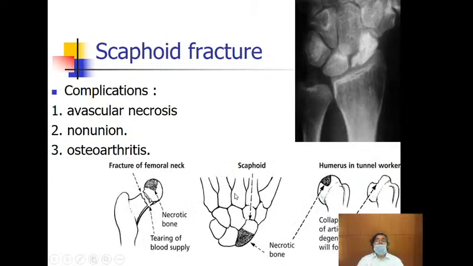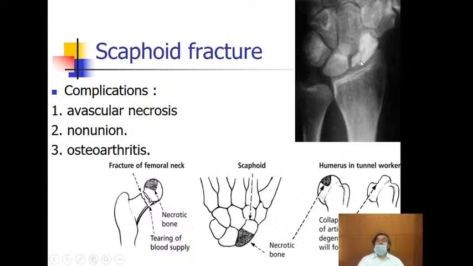Okay. Why is scaphoid important? So you can see there is a fracture there and it was not treated properly, and this whole proximal fragment has become avascular. You can see it is seen as a white structure here when compared with the other carpal bones.